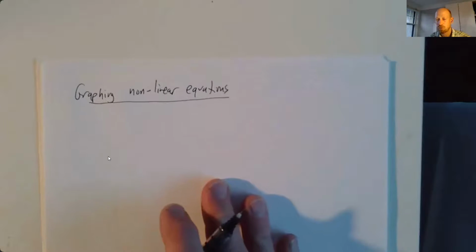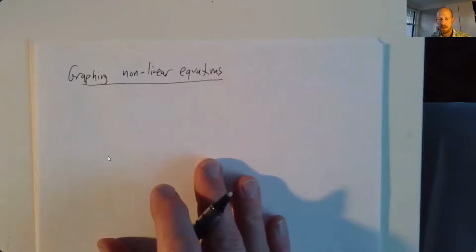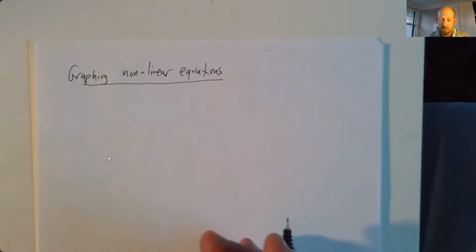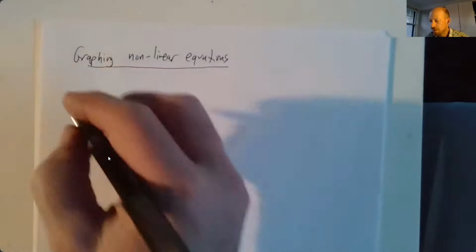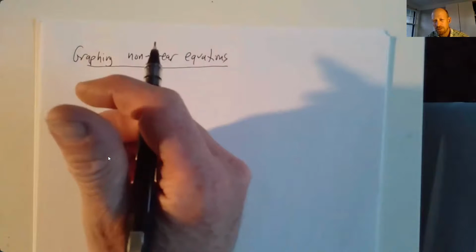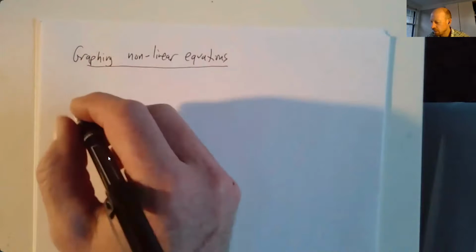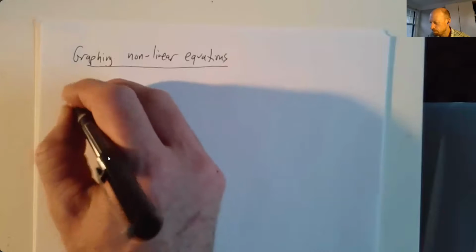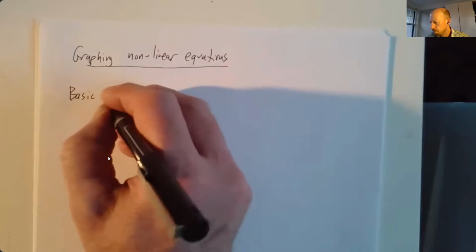That's what we're talking about with slopes and intercepts and points. Some of those same ideas apply here, except we don't always know what the equations look like. So what they do in this section, this is the last homework section here, is they give you some basic graphs.